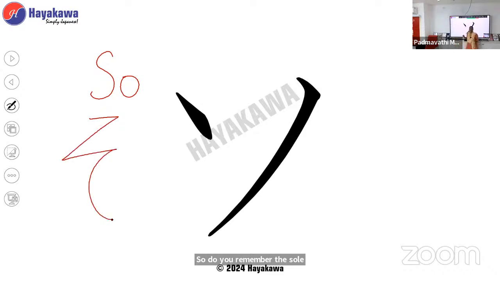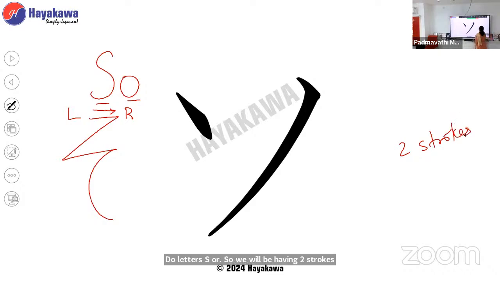It starts from left to right. The beginning will be from left to right, then only it comes down. We will just stop with one stroke, the first stroke, left to right. And how many letters is it having? 2 letters, S, O. So we will be having 2 strokes, and it should start from left and move towards the right.